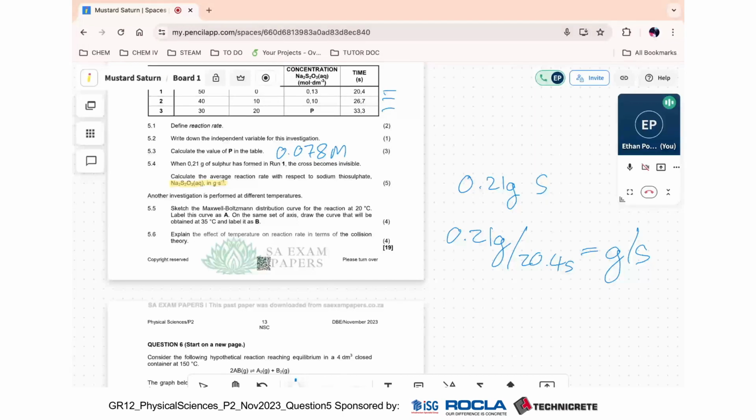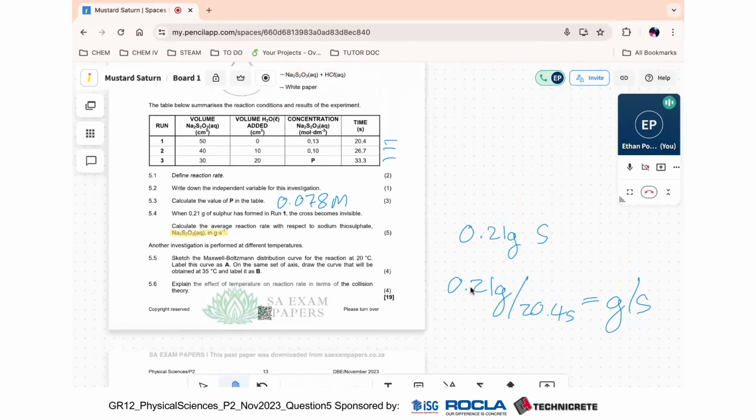But the trick to this question is that it's not with respect to sulfur, but rather with respect to sodium thiosulfate. So we first need to figure out the mass of sodium thiosulfate used for each run, because the same mass of sodium thiosulfate will always give the same mass of sulfur.